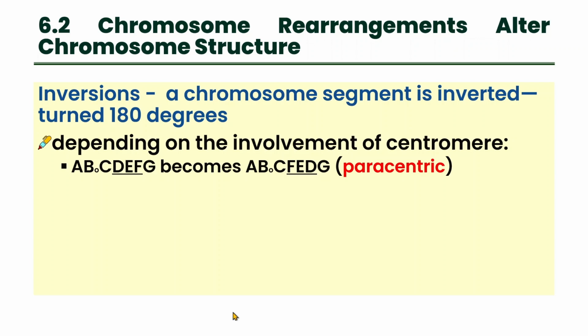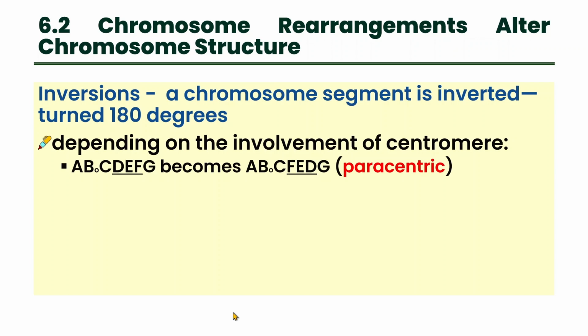One type is paracentric inversion, where the centromere is not involved, as in the case of AB. If you see the symbol, a little circle after the B or before the C, that is the symbol for centromere. AB centromere, CDEFG. So these are the sequences.